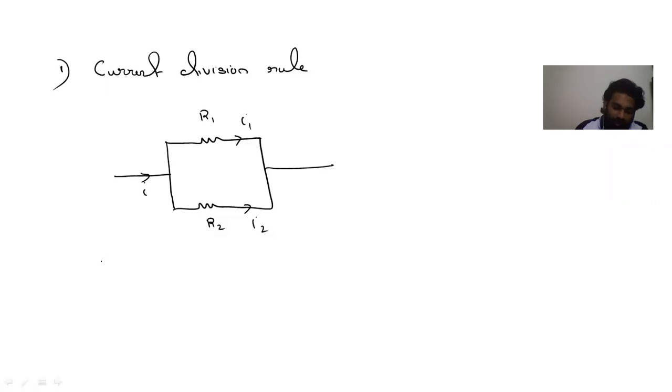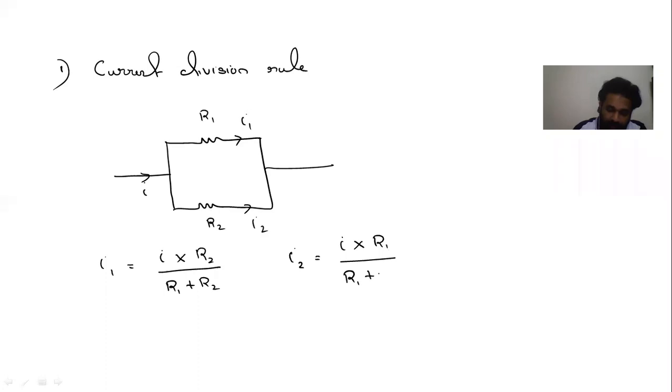So how to find I1? I1 is equal to the main current I into the opposite branch resistance. To find I1, I take R2, divided by R1 plus R2. Clear? Same way, I2 is equal to I into R1 divided by R1 plus R2.